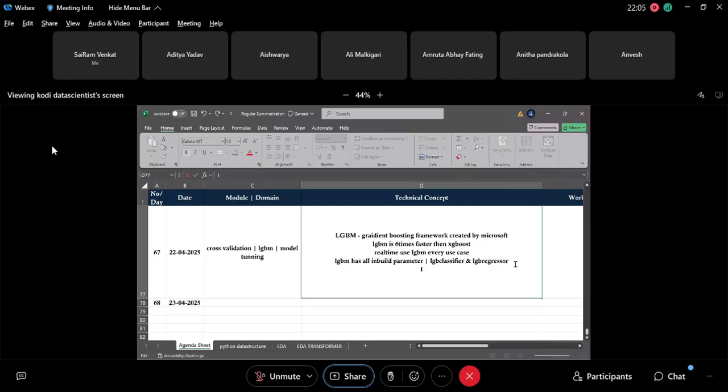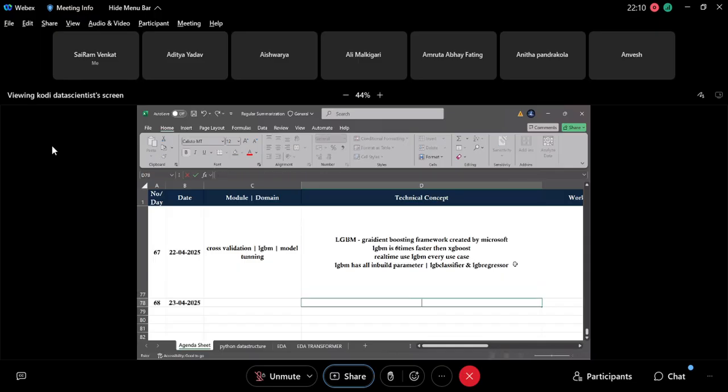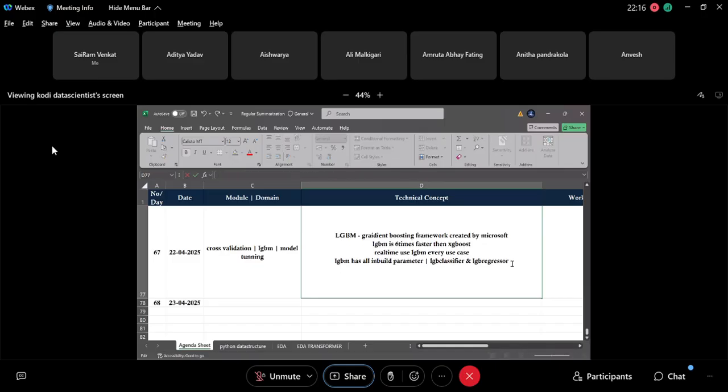And after that, cross validations. What is cross validation? The cross validation technique reduces overfitting. We split the data set into k folds.